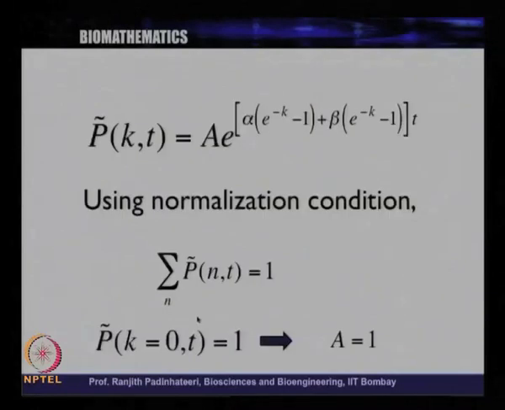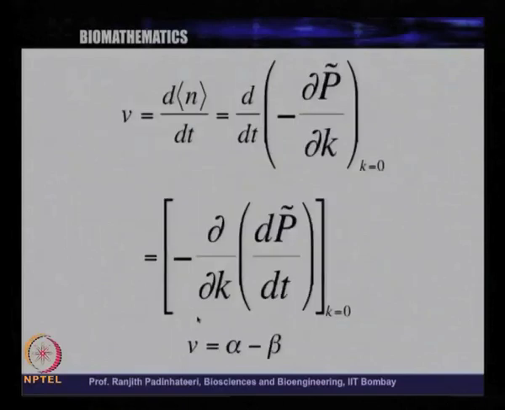We know this p tilde, and then v can be calculated as dn by dt, and d by dt of del p tilde by del k at k equals 0. If we do that, we know dp tilde by dt already from our equations, and if we find del k by del t and evaluate at k equals 0, we will find that v is alpha minus beta.